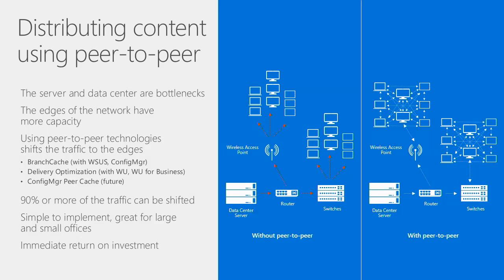So in this case, the client talks to the server up in the cloud. The server in the cloud says, oh, here's a list of 100 of them that are on your same network segment that have already downloaded this content. Grab the content you want from one of those peers instead. So it avoids those PCs grabbing the content from the internet and lets them share locally. There are a variety of modes that this can operate in, so you can do some configuration on that. We'll talk about that in a little bit.